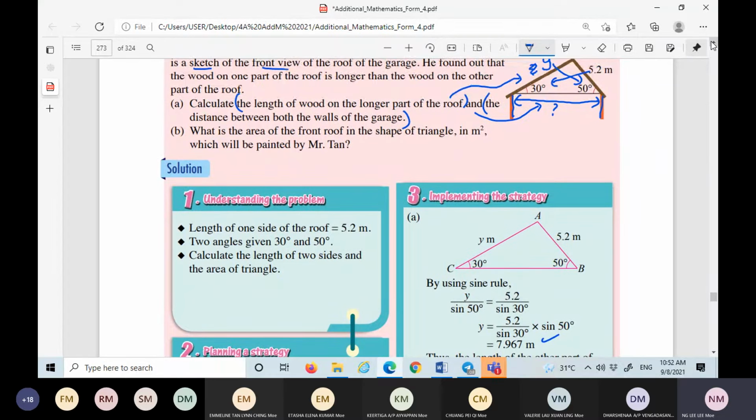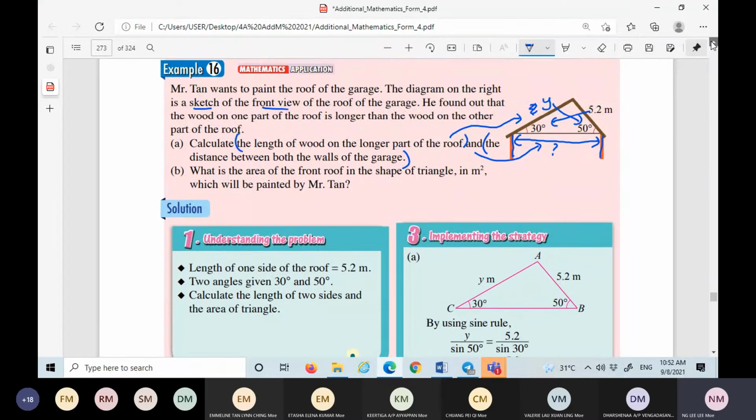Then after that, how to get this length? Actually, this angle you can also find because you have two angles. You can use the sine rule or the cosine rule also. 50 and 30 is 80, 100 minus 80, so here is 100.